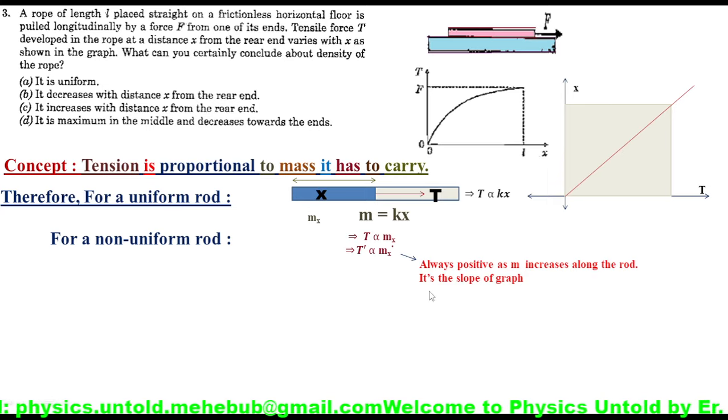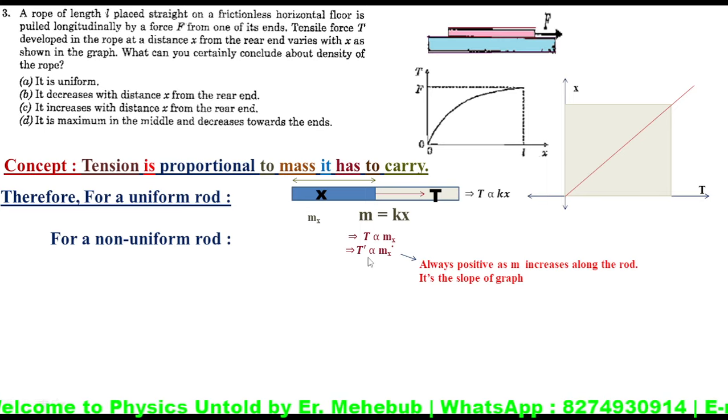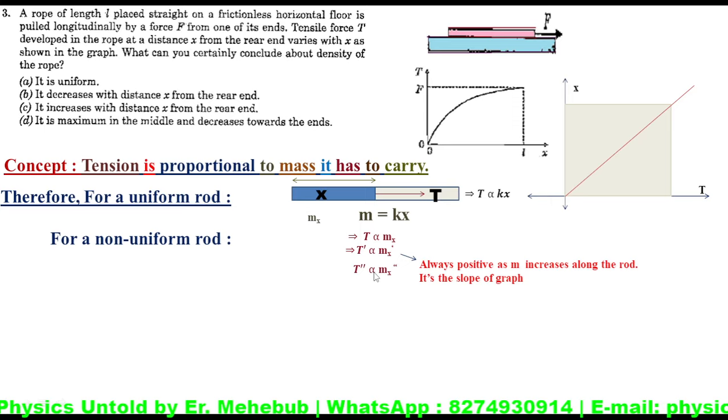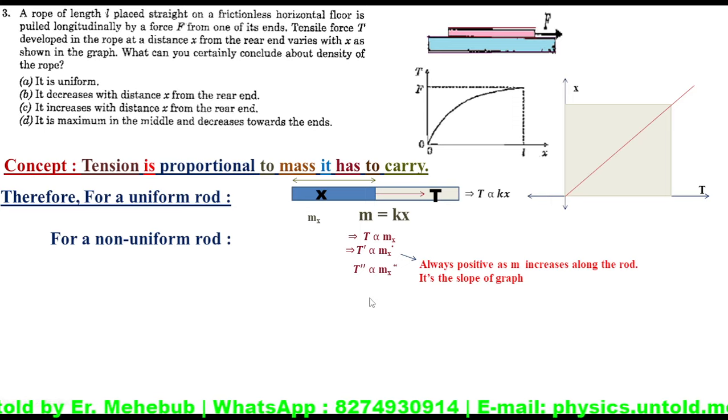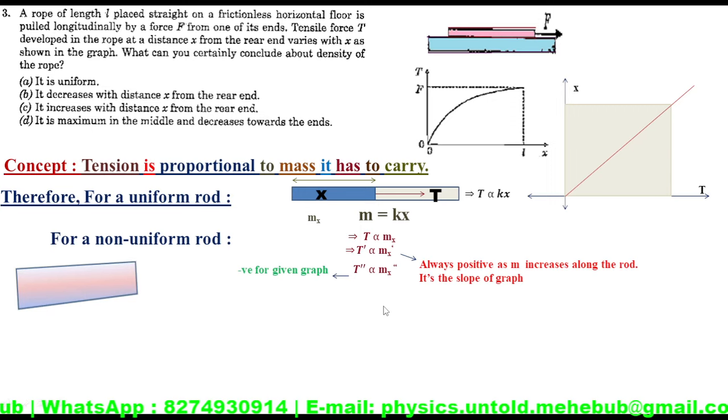It is the slope of the graph, because we are differentiating T with respect to x, that is dT with respect to dx. If we further differentiate this equation, we get T double dot, the double derivative of T, which is again proportional to m(x) double dot, and this is a negative quantity for the given graph.